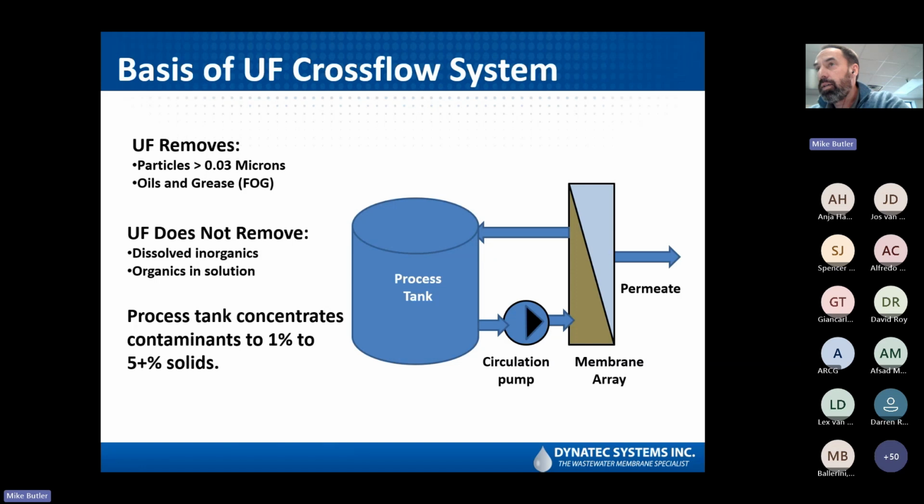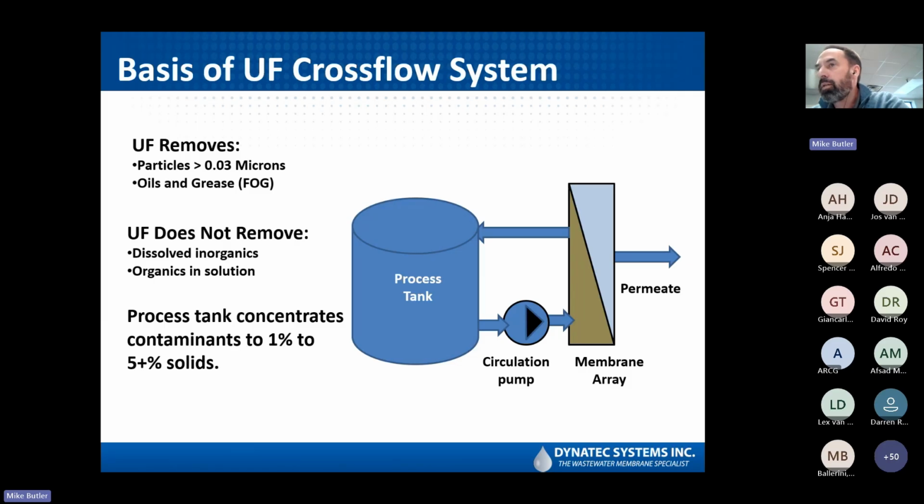Direct filtration is a simple process, and here's a simple illustration to show the general concept of it. The ultrafilters that we use from Berghof remove anything that's greater than 0.03 microns, so it removes all that is insoluble.